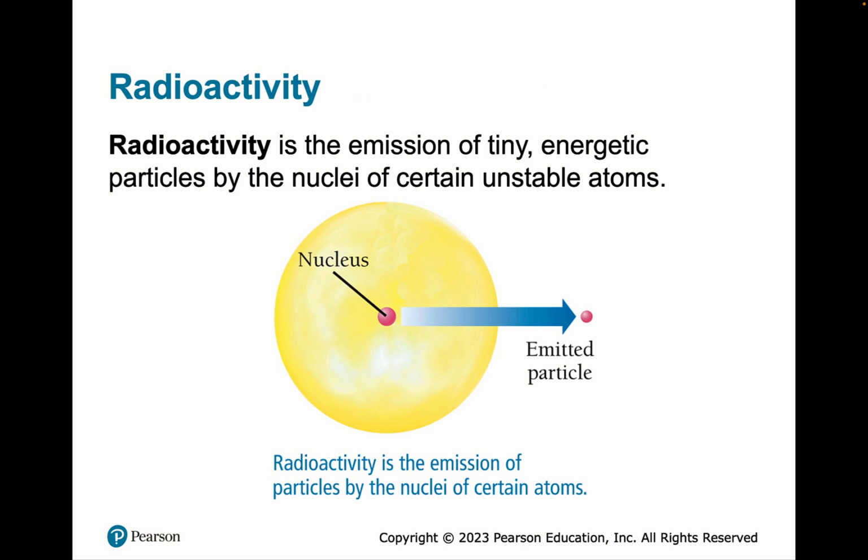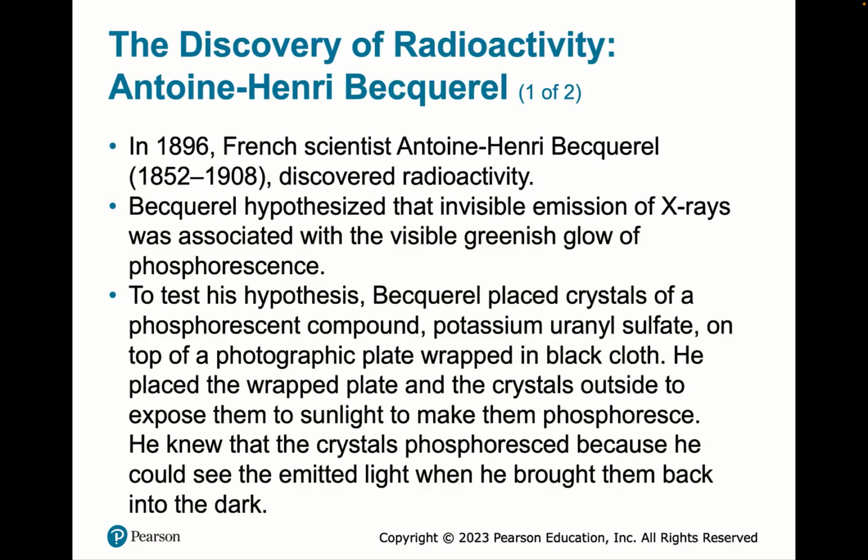So what is radioactivity? As mentioned before, it's an unstable nucleus, and the nucleus will then become stable, and it can become stable in various ways. Typically it's emitting particles. You can also get metastable nuclei that emit gamma rays, but in general the radiation is emitted to make the nucleus more stable. So here is the discovery of radioactivity.